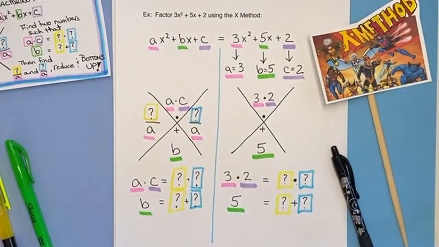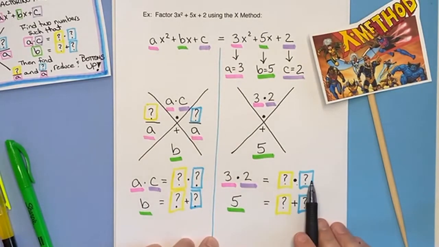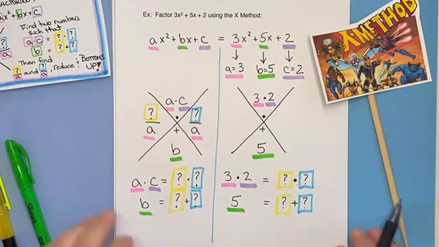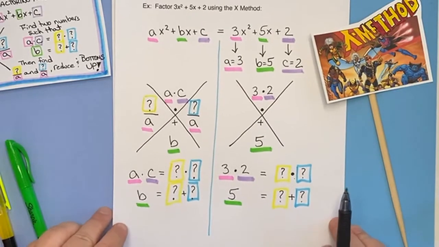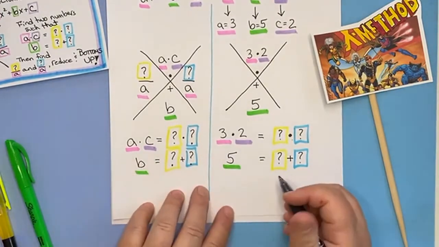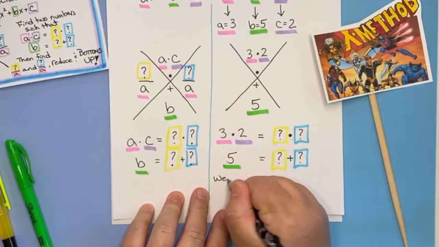This little puzzle. So I need to find two numbers so that when you multiply them, you get the same answer as 3 times 2, and when you add them, you get 5. So let's talk about that. Let me scooch this up just a little bit.